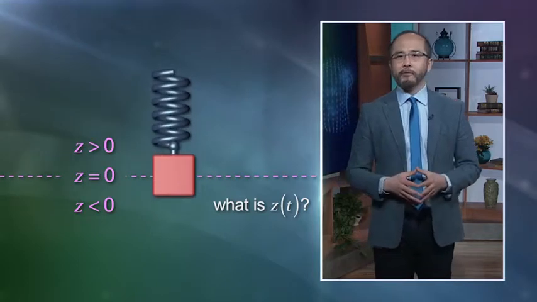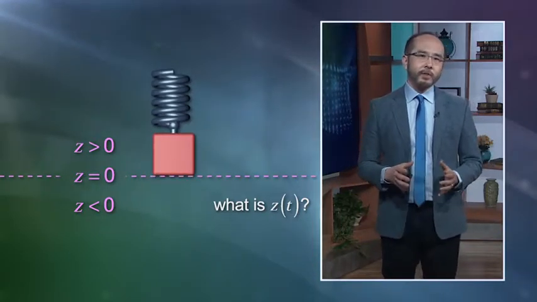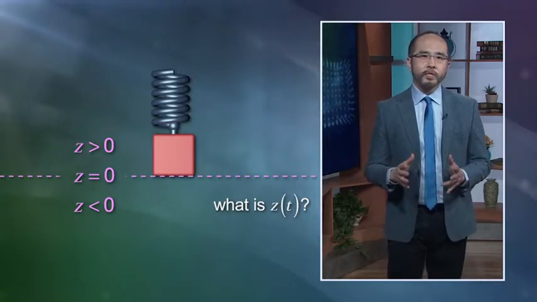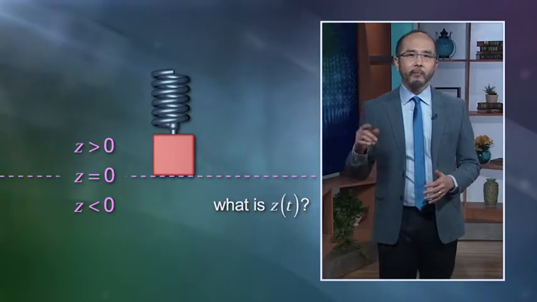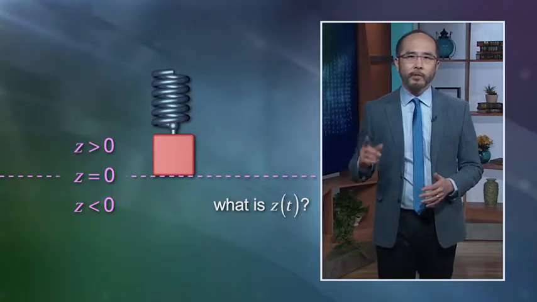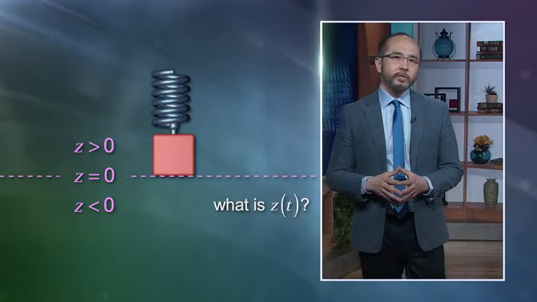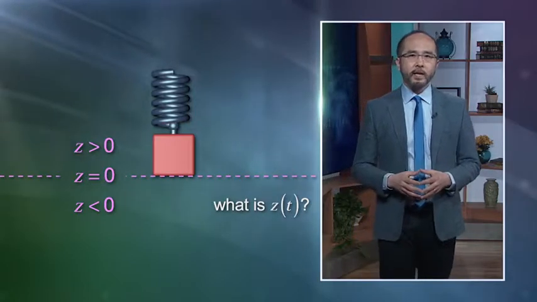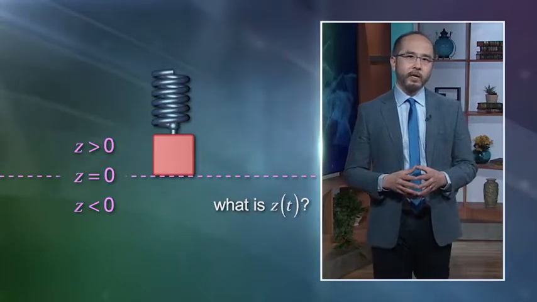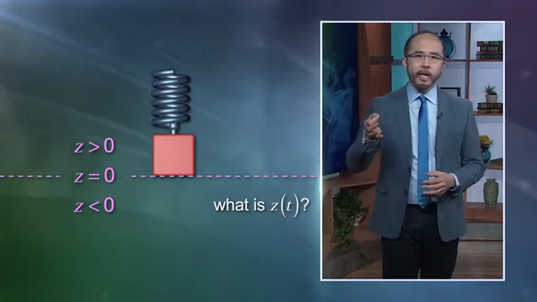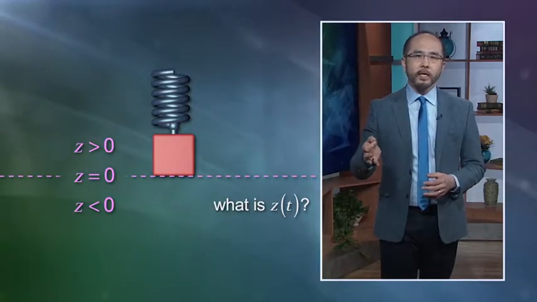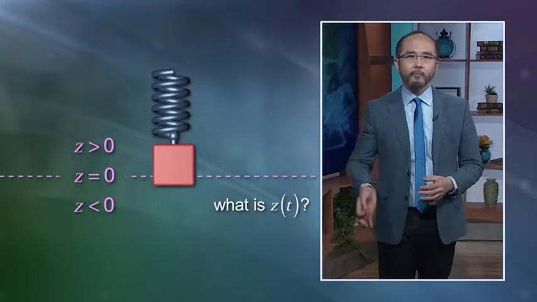How will it behave? In asking this question, I want to know what the spring is doing at each point in time, not just at whole number of time units. In other words, I want a function of t as an answer to my question. If z is the vertical height of this spring, what is z as a function of time?